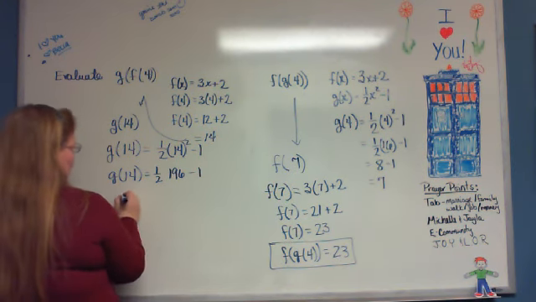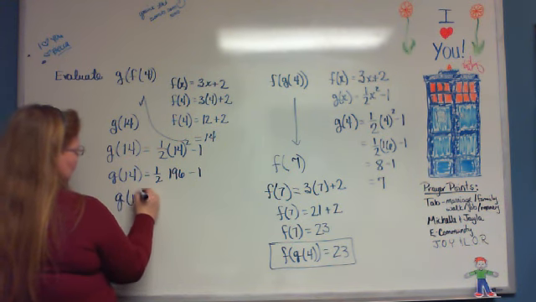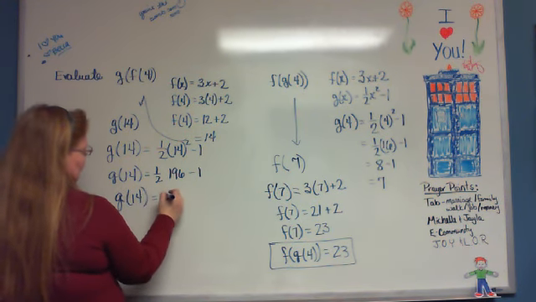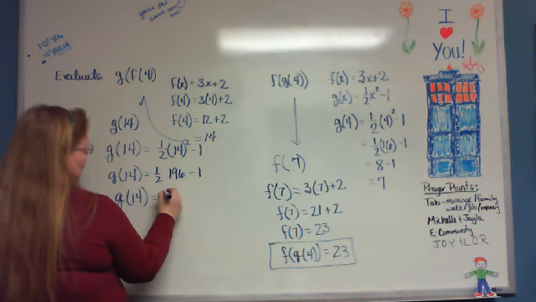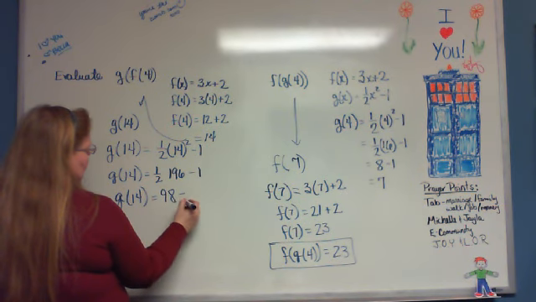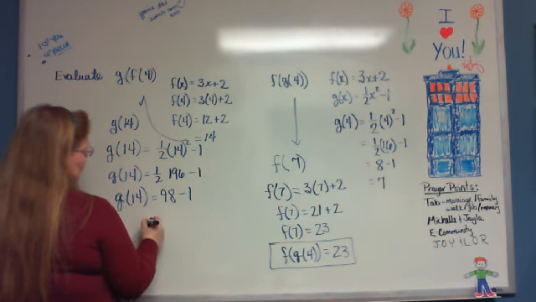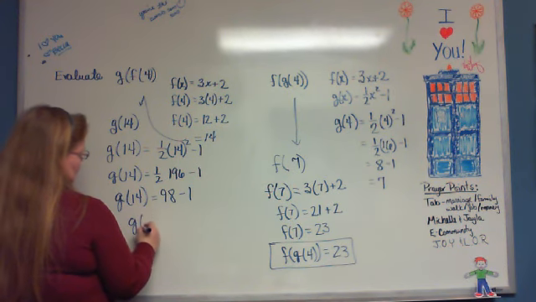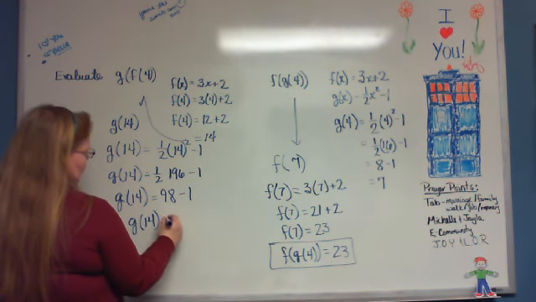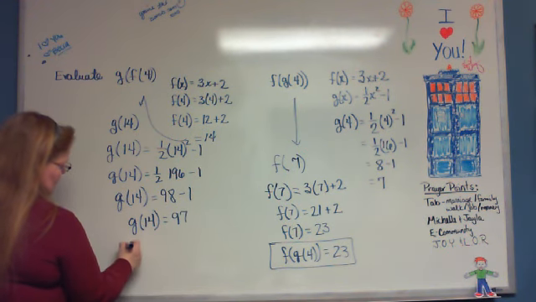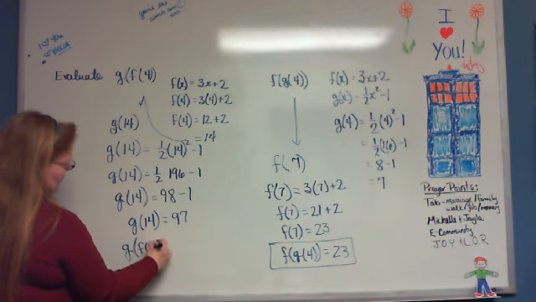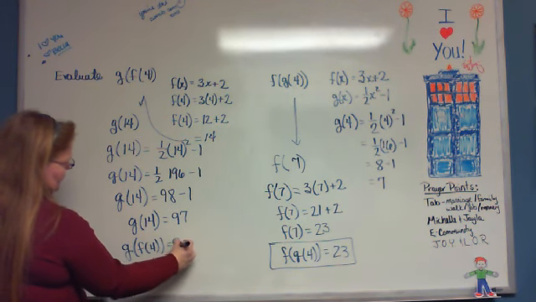Minus 1. Half of 196 is 98 minus 1. So g of 14 is equal to 97, which means that g of f of 4 equals 97.